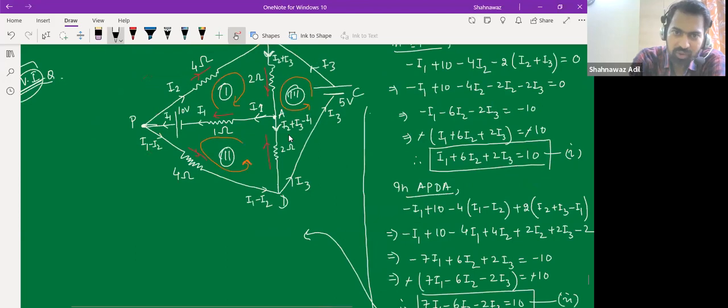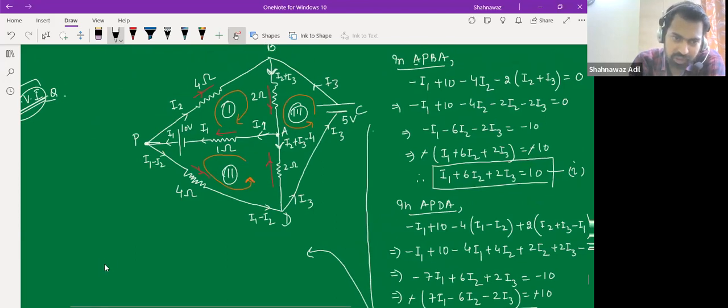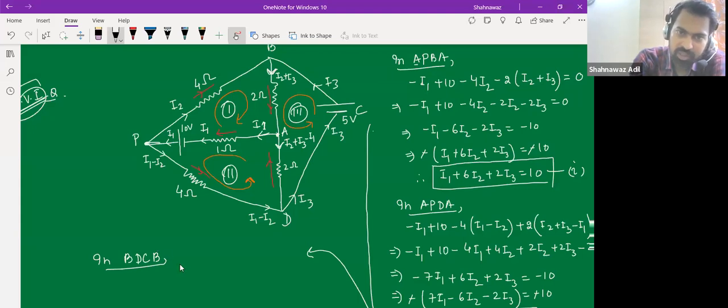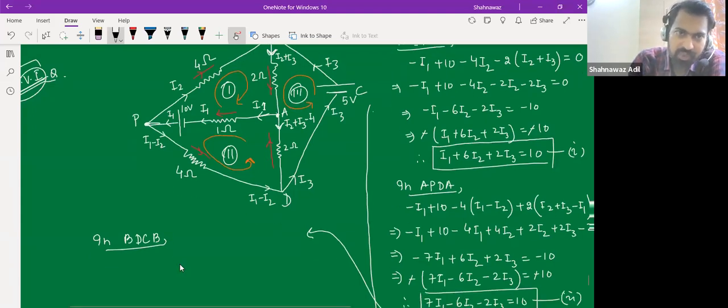So we are going in loop, let's say B, and we are going from here. So we are going to B, right. So you tell me that this is the current direction and this is the direction. So what would it be?